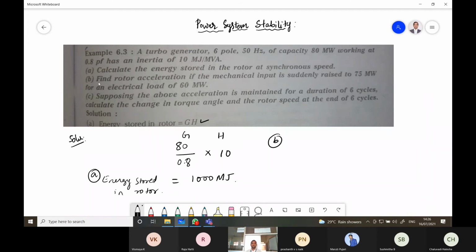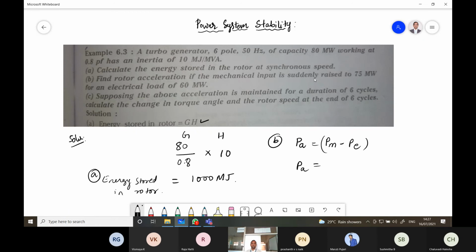Second one, B, find the rotor acceleration. The accelerating power is represented by PA. PA is equal to PM minus PE, right? What is the mechanical power here and what is the electrical power?